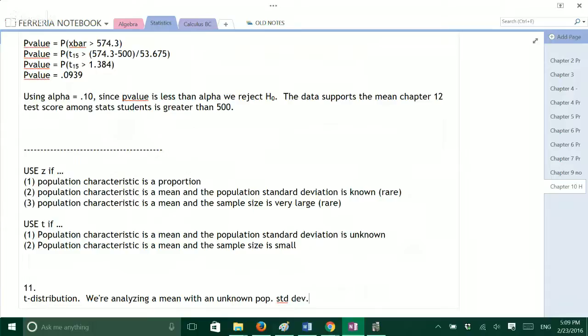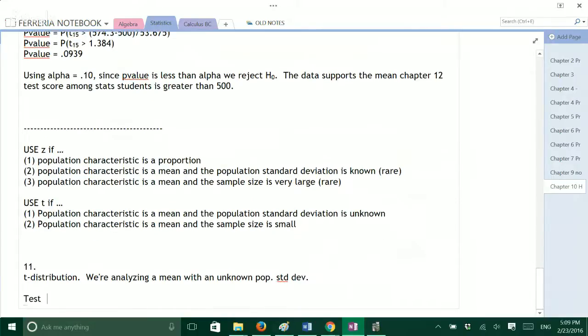So the test statistic is the normalized sample data: 68.25 minus 65, divided by S, which is 3, over the square root of 5.